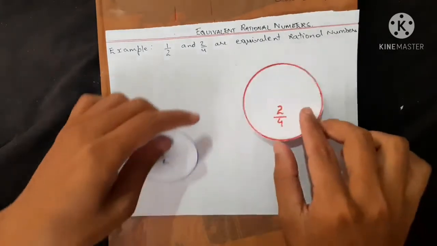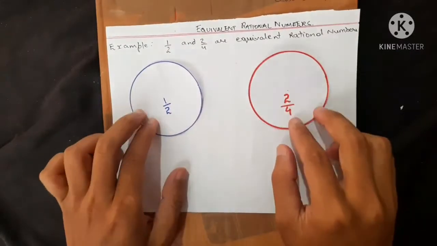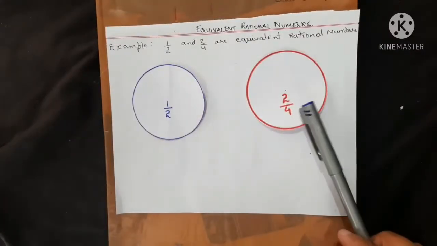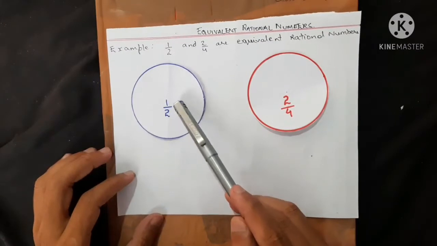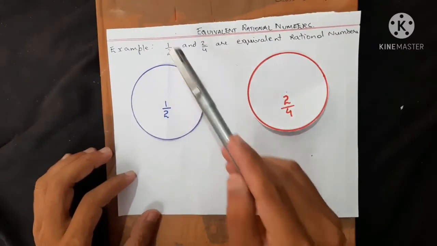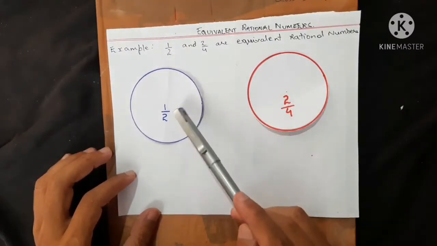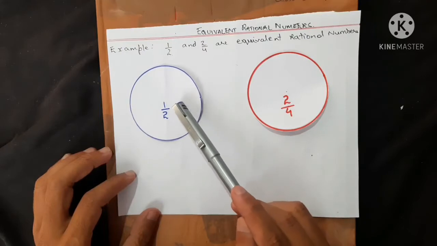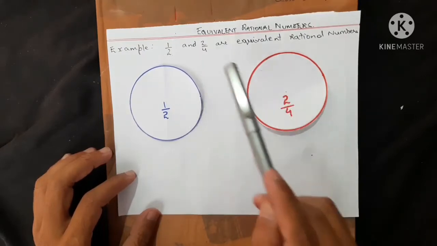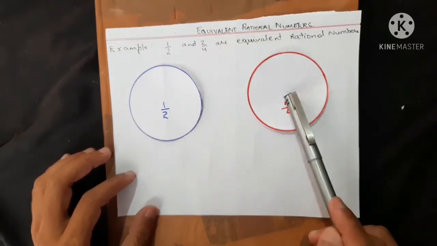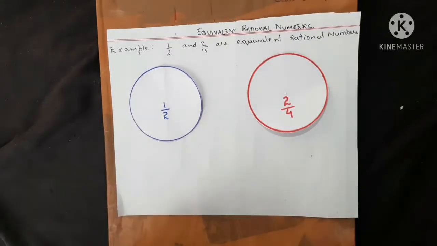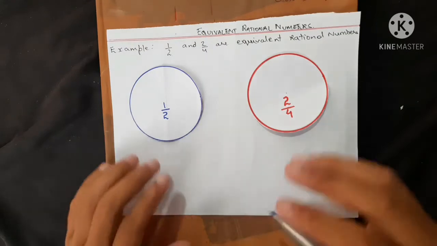So I have two circles here, the blue circle and a red circle. In the blue circle, I will represent 1 by 2, and in the red circle I will represent 2 by 4. To do that, first we have to look at the denominator.